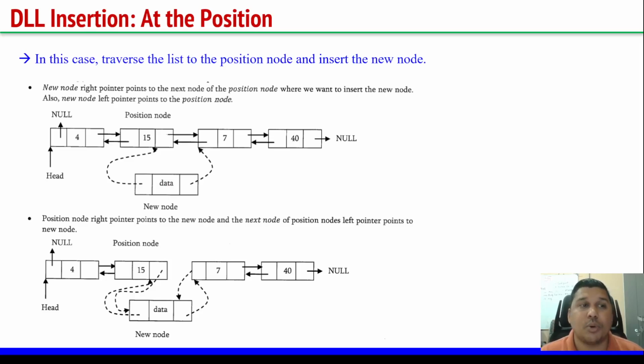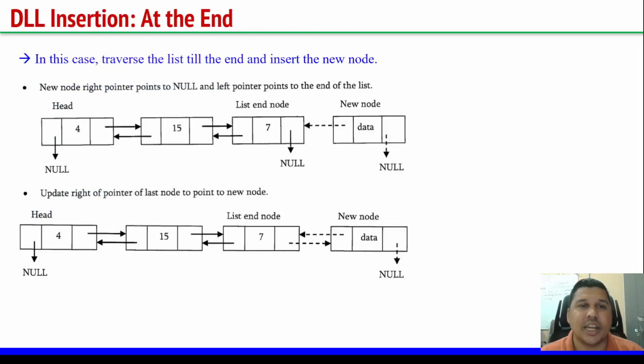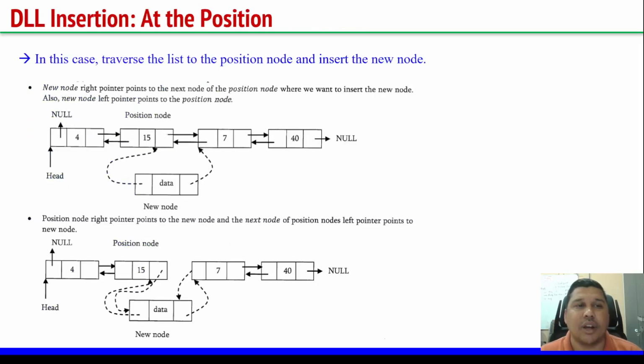Okay, so this is about double linked list insertion operations. I hope it is clear how we are inserting an element at the beginning, at the end, and at any given location. So next we will study inserting and deleting elements at the beginning, end, and at some given position of a double linked list.